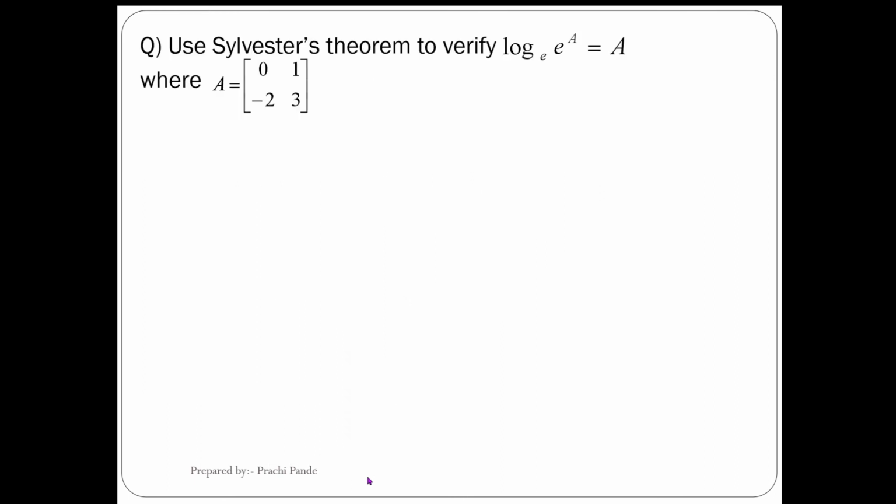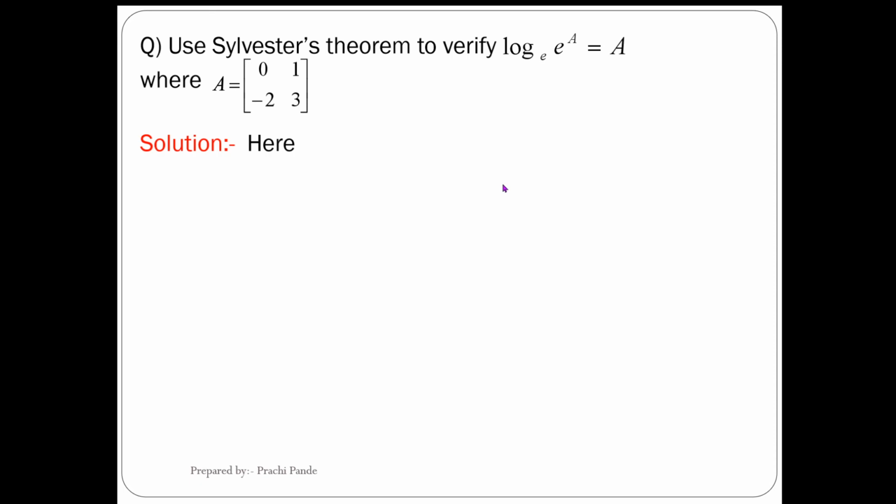Now in this next example, we are going to verify that log of e raised to power A to the base e is again equal to matrix A, for the matrix A of order 2 cross 2: 0, 1, minus 2 and 3.